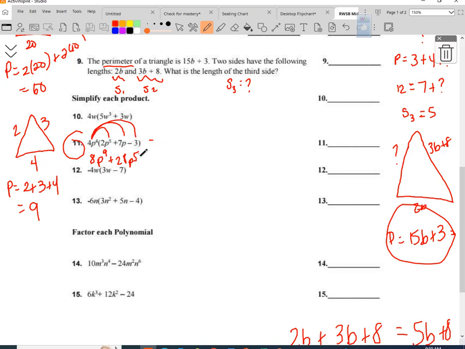That's minus 3, right? Number times number, that's minus 12. And I've got a variable, I can't leave it. I have to include that in my answer. So that is the final answer for 11. 8p to the ninth plus 28p to the fifth minus 12p to the fourth.